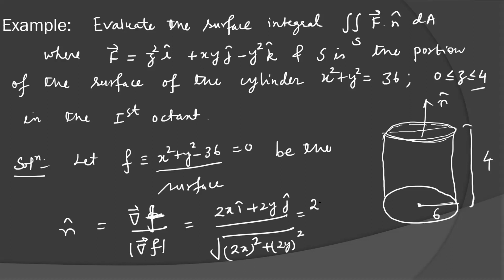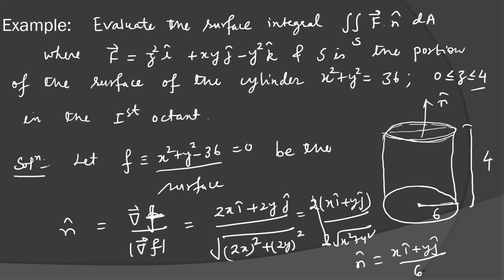So n cap you can take 2 outside, x i plus y j over 2 times the square root of x square plus y square, 2 is cancelled out. So n cap will be x i plus y j over 6. Actually, x square plus y square is 36, then you take the square root, it will become 6. So this is your unit normal vector, whose orientation is outward to the given surface F.